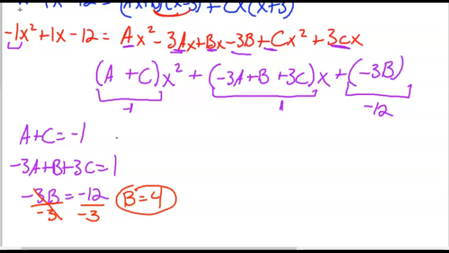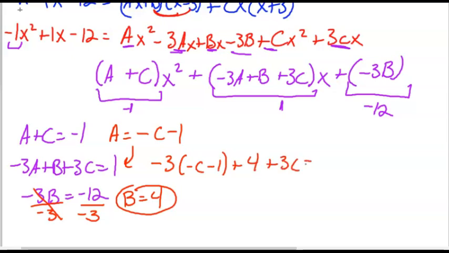On the first equation, let's solve for either a or c. Let's solve for a. a is going to equal negative c minus 1. We'll use substitution to sub in the a and the b that we found to find c. So negative 3 times negative c minus 1 plus 4, which is b, plus 3c equals 1.